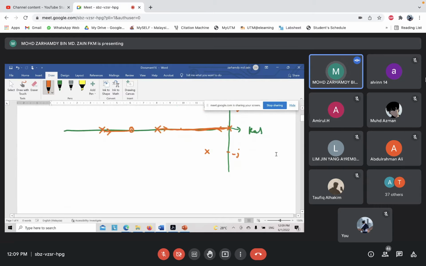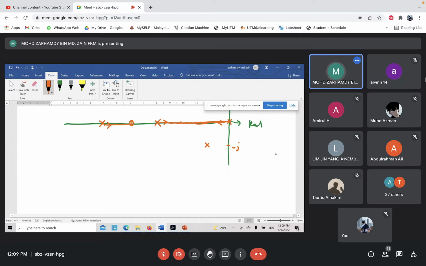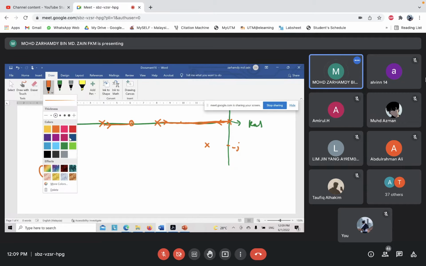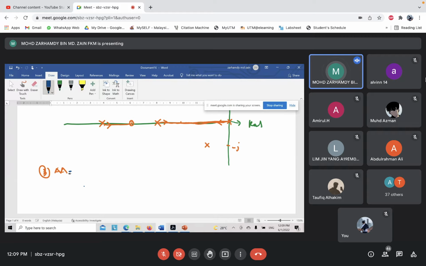Rule 3, what is rule 3? Rule 3 is to find the asymptote angle. The formula of the asymptote angle is (2k plus 1) times 180 over (P minus Z).